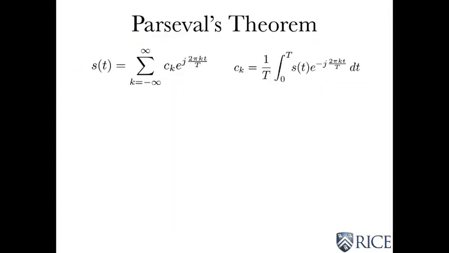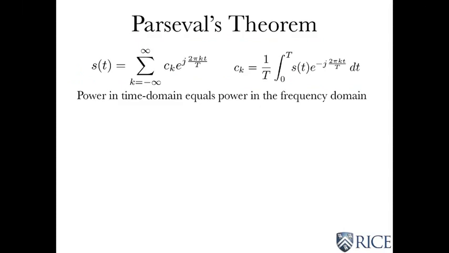Okay, so here's Parseval's theorem stated in words. That power in the time domain equals power calculated in the frequency domain. So let's see what that means. First of all, the power in a signal is given by this expression. Now, we've talked about power in terms of circuits, voltage and current.